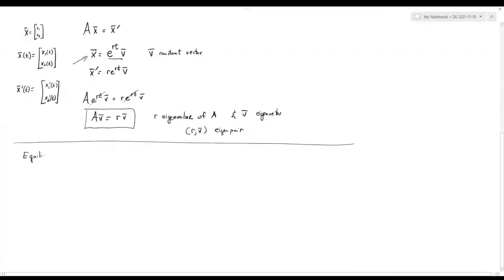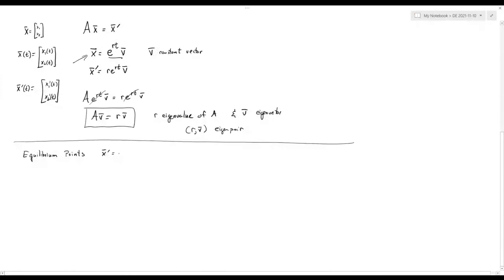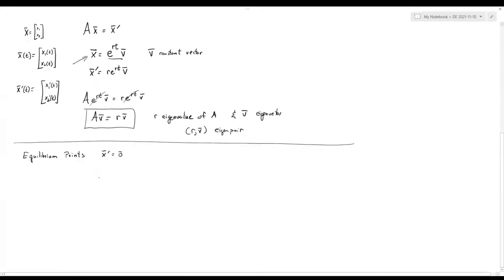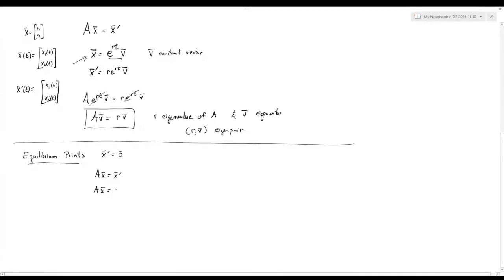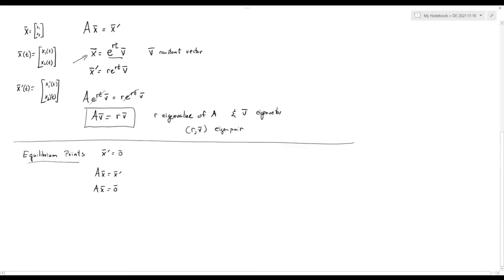Equilibrium points are where, if you remember from calculus, the derivative of something is 0. So if you have a system of these first order differential equations and you're asked to find equilibrium points, you just set the derivative of your functions equal to 0, so you get Ax equals the 0 vector. So we want to find solutions.